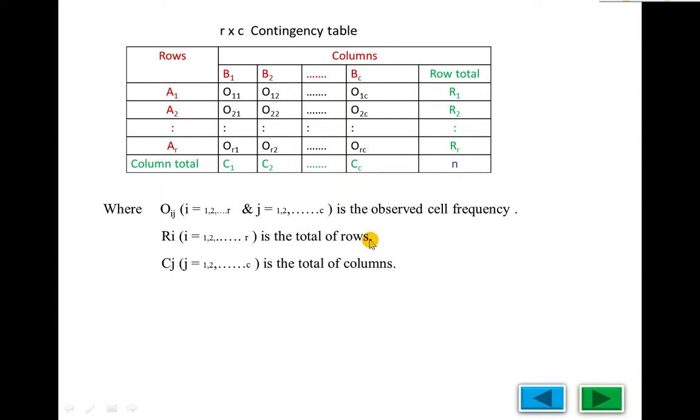This is the total of rows, and Cj, J from 1 to C, is C1, C2 up to CC. The total number of observations is represented by N.